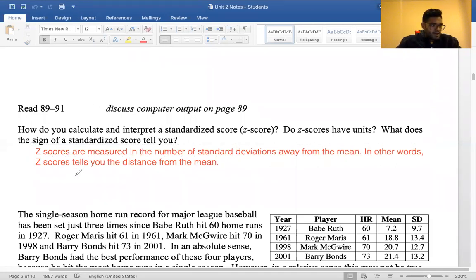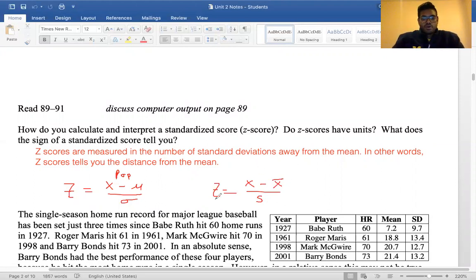So we have z equals x minus mu, divided by sigma. I'm going to write two equations here. This is for your population. And if you don't have that information, you can go z equals x minus x bar divided by s. This is your sample. The difference between these two right now is not the most important.